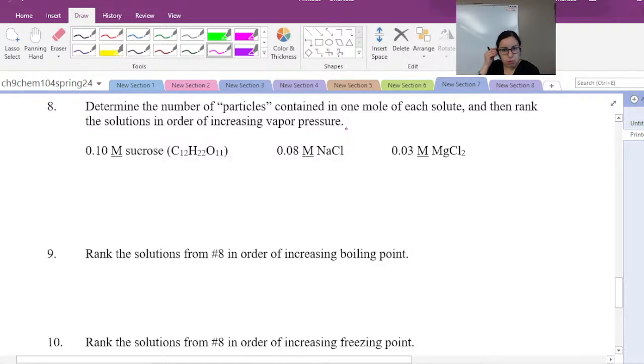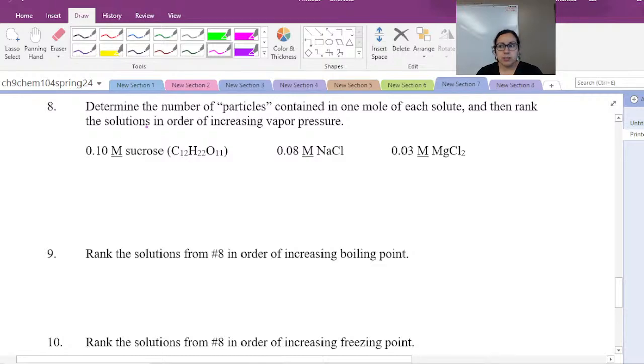What I would start with is figuring out our true effective molarity. This is how much we made of our solution, but then we need to answer how many particles it dissociates into, and what its effective molarity is. So let's just do that.